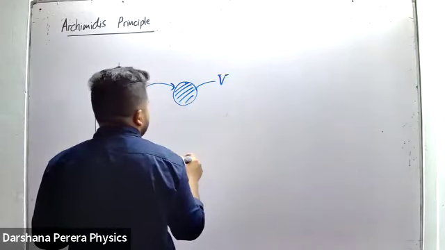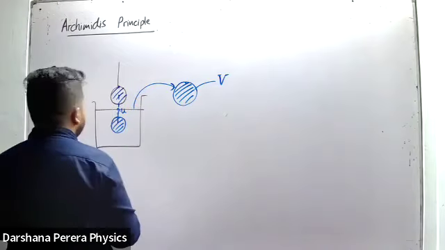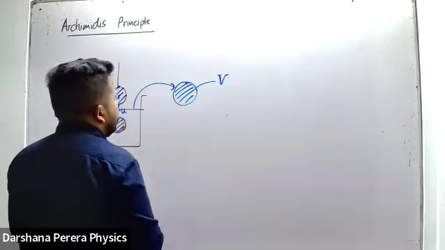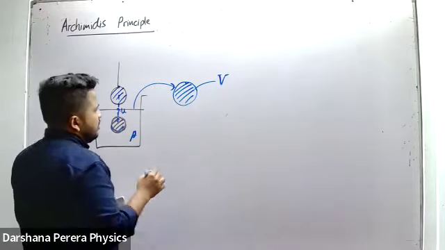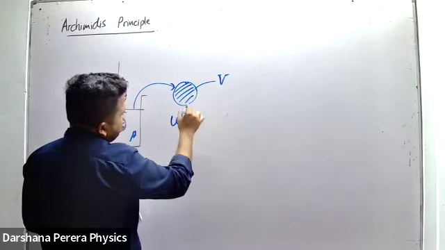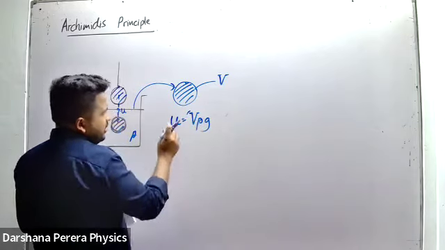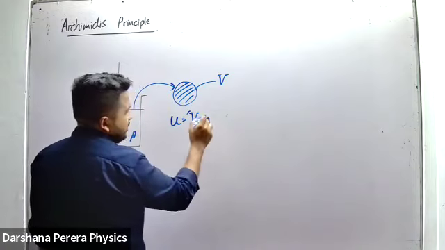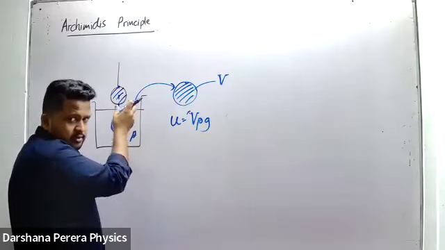I take it as V. So the upthrust force acting on an object, if the density of the water is rho, equals the displaced volume V times rho times g. V rho means the mass of the water that is displaced, right? Therefore, V rho g is the weight of the water or liquid that is displaced when the object gets submerged.